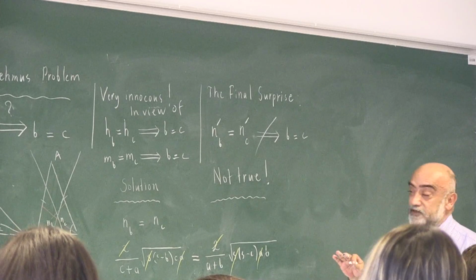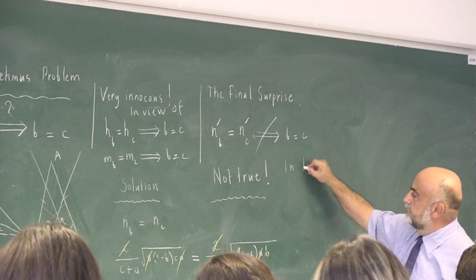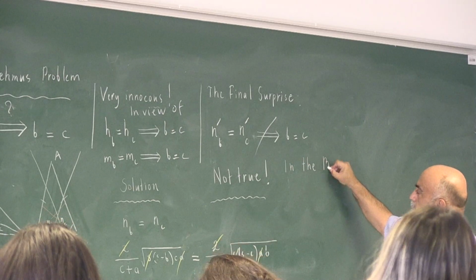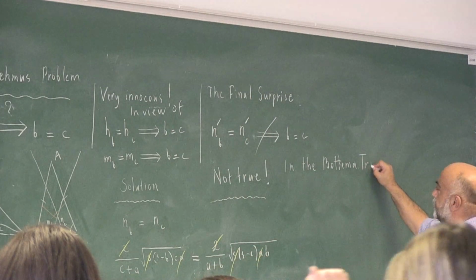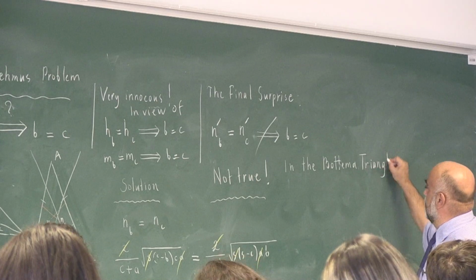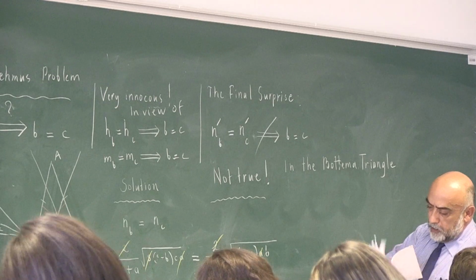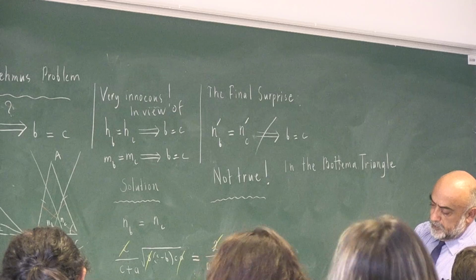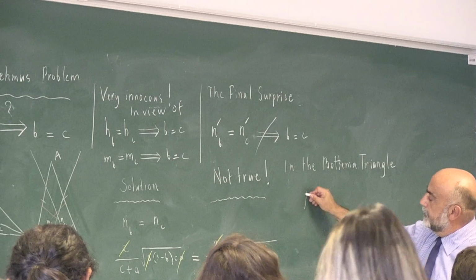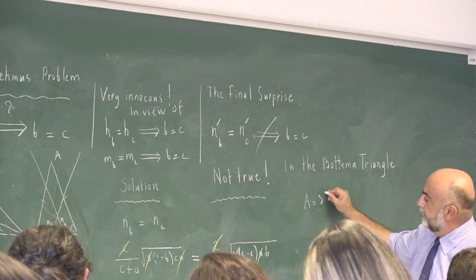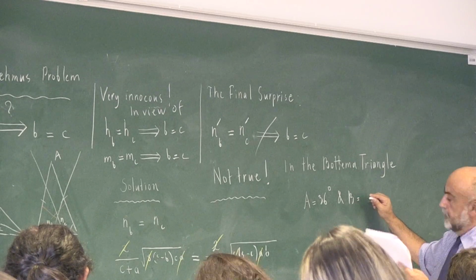It's nowadays referred to as the Bothema triangle, and the Bothema triangle is the triangle in which angle A is 36 degrees, and B is 12 degrees.